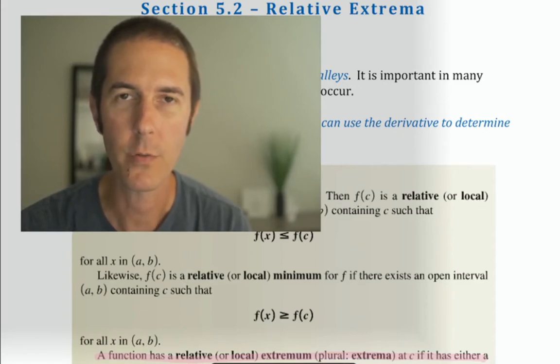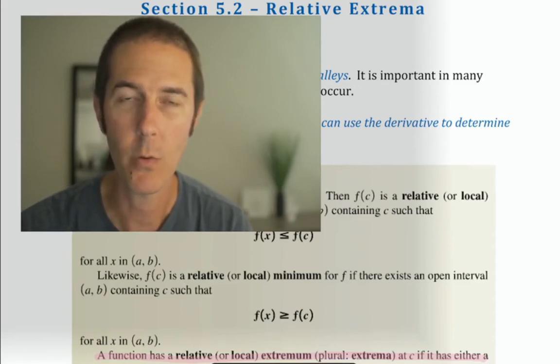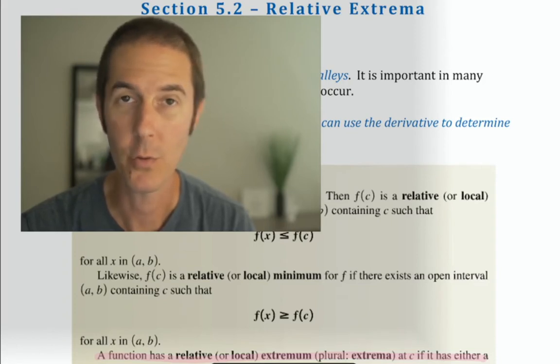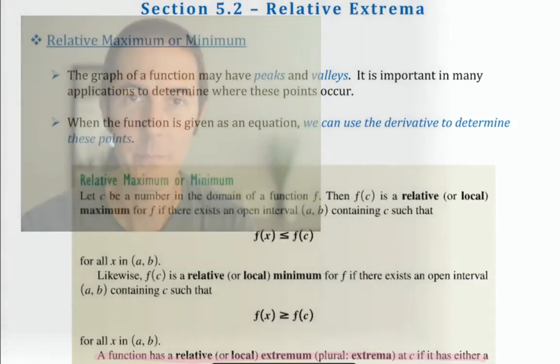And we're going to talk about ways to locate when those hills and valleys occur, and then how to best determine whether the x-coordinate that corresponds to those points is an x-coordinate that corresponds to a maximum or a minimum.